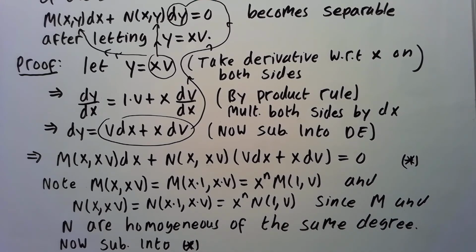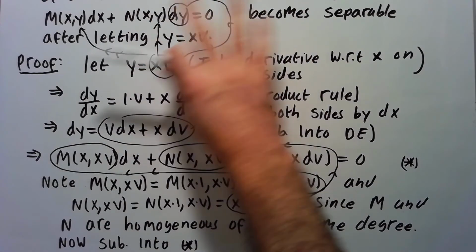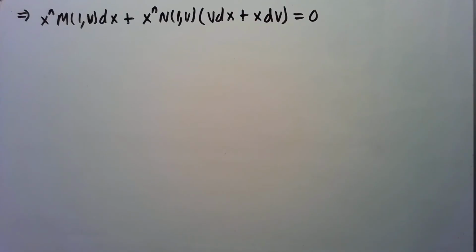So doing that, we're replacing M(x, xv) with this and N(x, xv) with this. I'm out of space actually, so I'm going to erase some things. I'm going to do the substitution and erase things here. Okay, so after making the substitution, I get this.